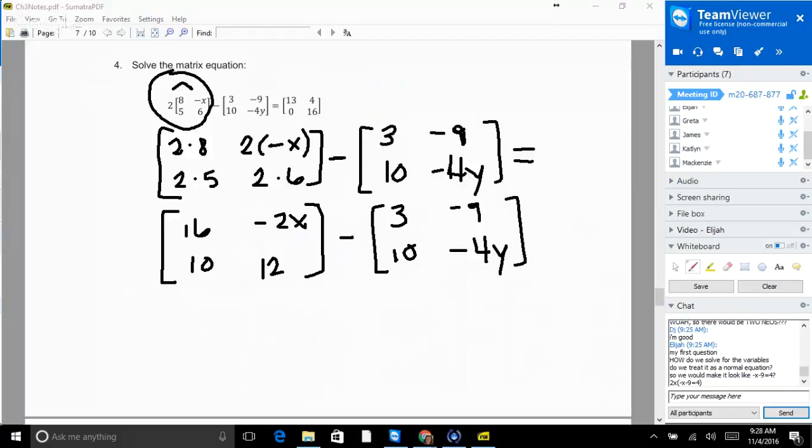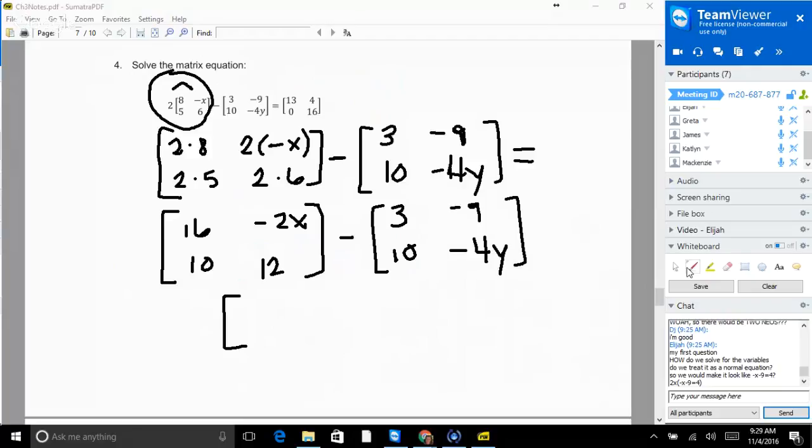Do we know how to subtract 2 matrices that are the same size? Yeah, right, since they're the same size, we can do that. So we're going to try to leave a little space here. We're going to subtract the 2 matrices and get a resulting 2 by 2 matrix.